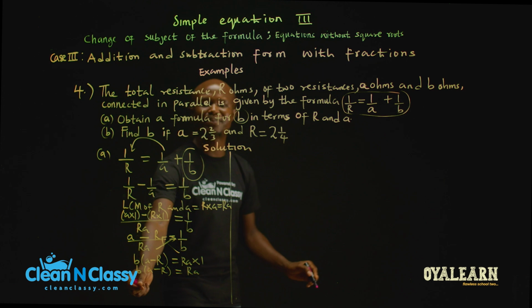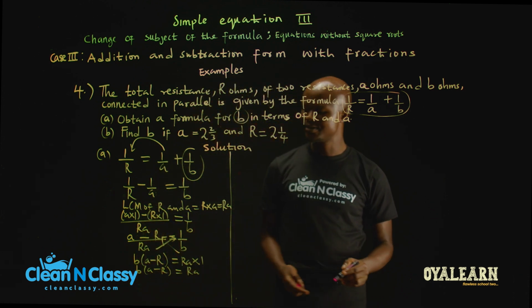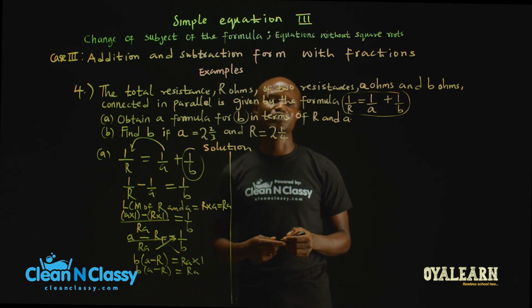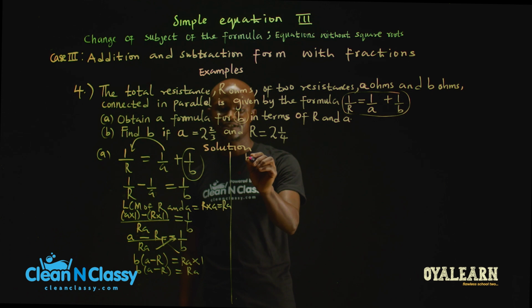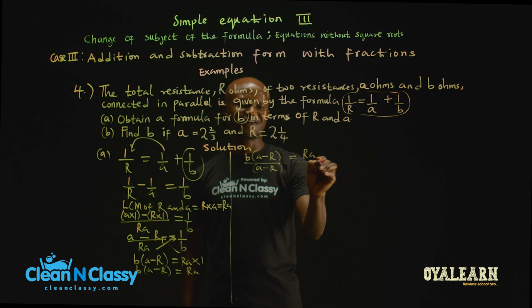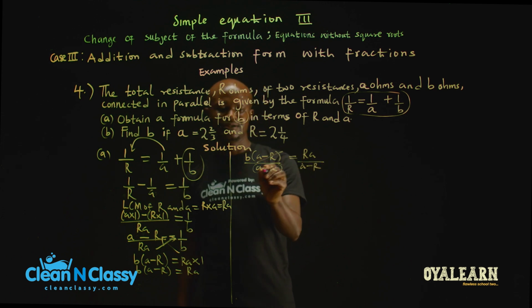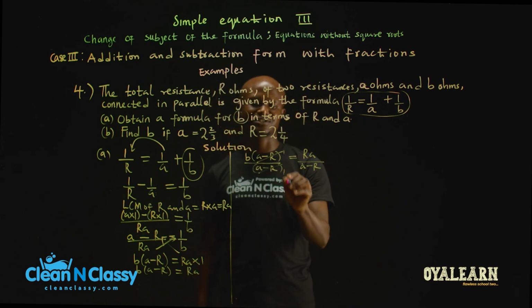Now we want to make B the subject, don't forget. It means that we need to divide both sides by A minus R. Dividing both sides by A minus R, we have B into bracket A minus R divided by A minus R equals RA divided by A minus R. So A minus R cancels.